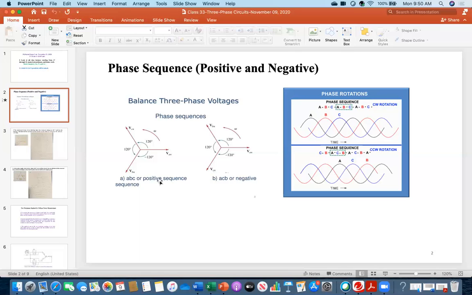What will happen? For example, you have a three-phase motor in an industry, and your motor was rotating in a clockwise direction. Once you connect this, the motor will start rotating in the reverse direction. That is problematic.